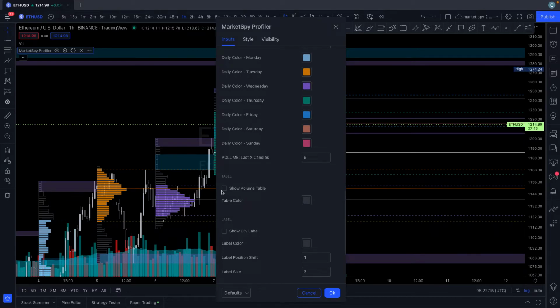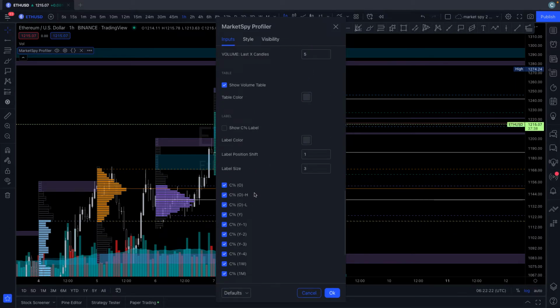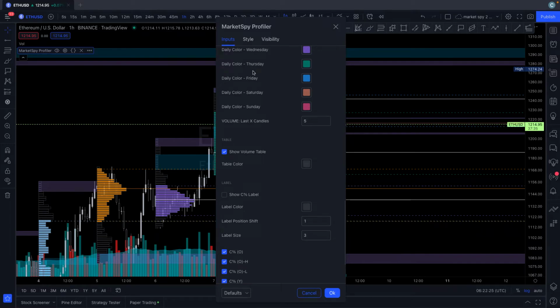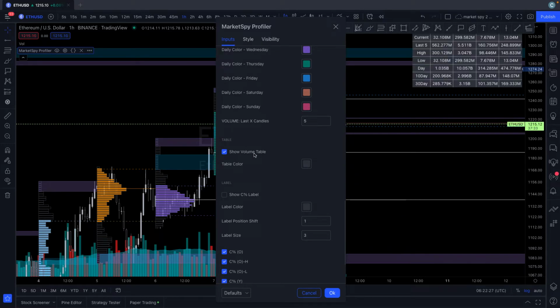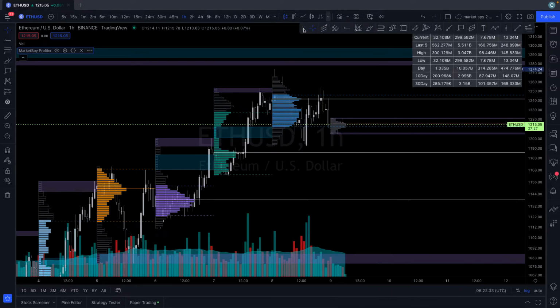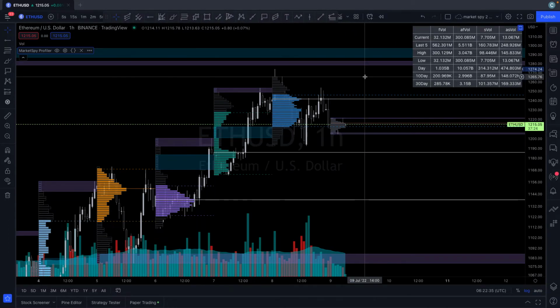Now moving on, this is really cool right here. I'm pretty excited about this one. If you go all the way down, almost to the bottom, you're going to see show volume table. When you enable that, you're going to see this pop up in the corner. This is your volume.